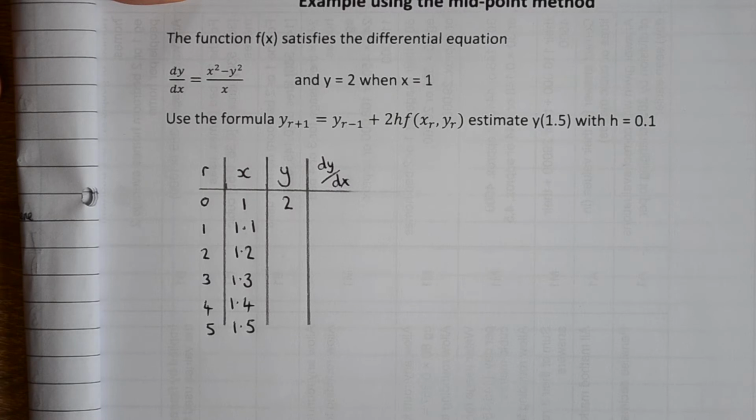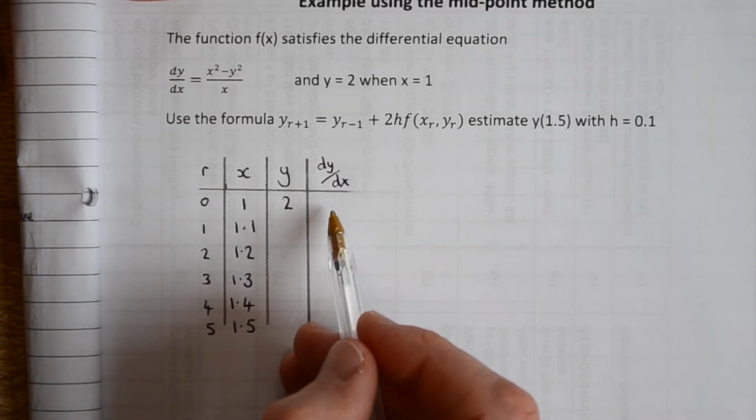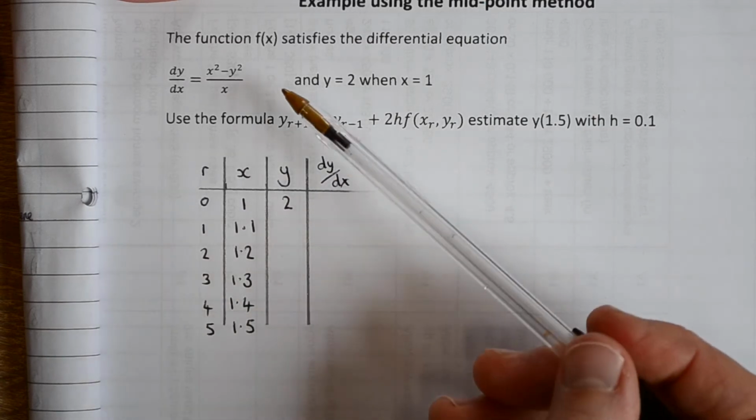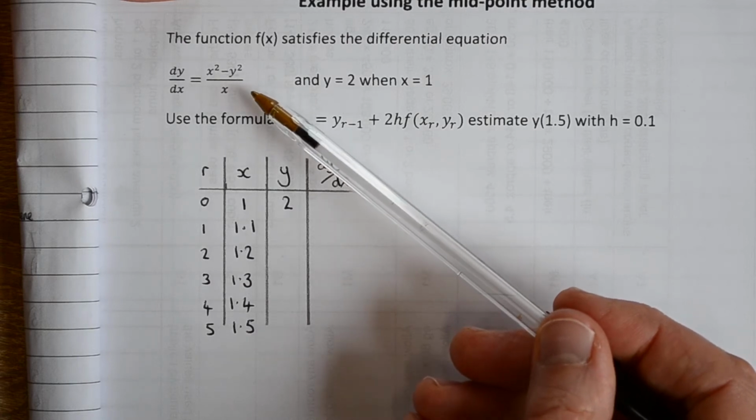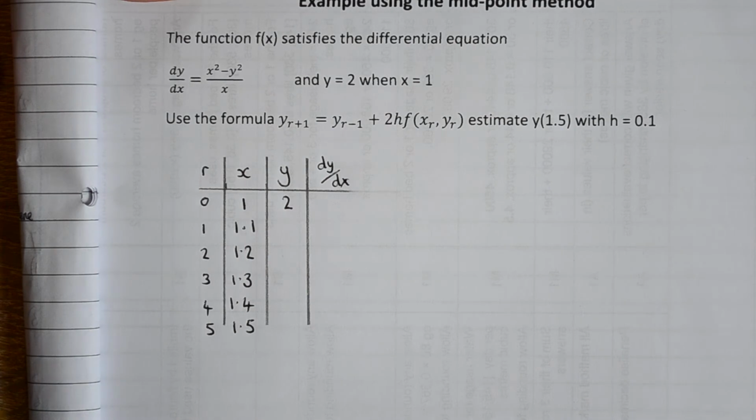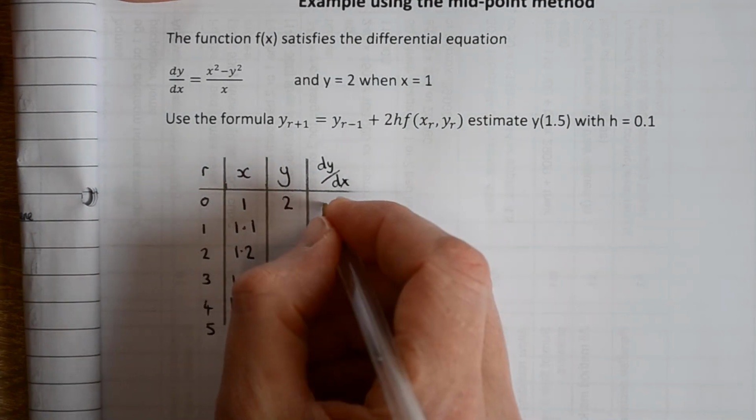Okay, so first of all we need to calculate the gradient at our initial point. We calculate that using our differential equation. So that's 1 squared take away 2 squared, all divided by 1. So that's going to be -3.